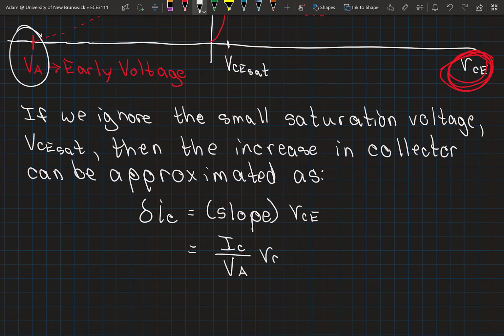That slope times the collector to emitter voltage will give us our change in collector current as a function of our collector to emitter voltage.